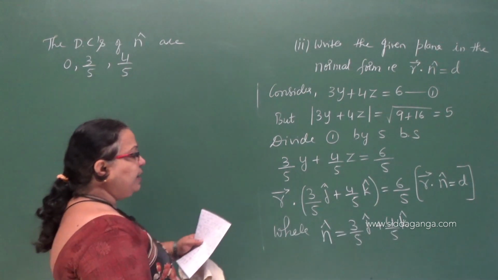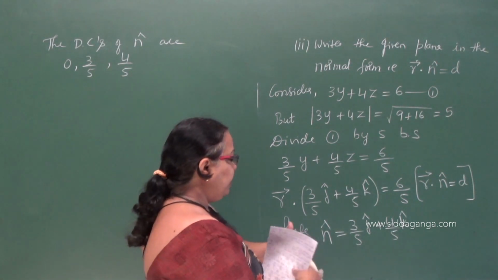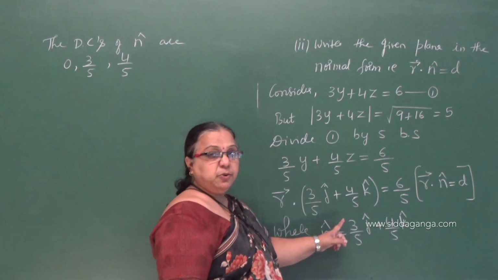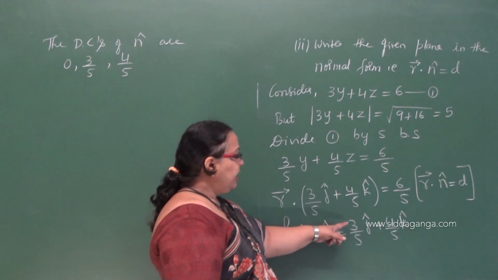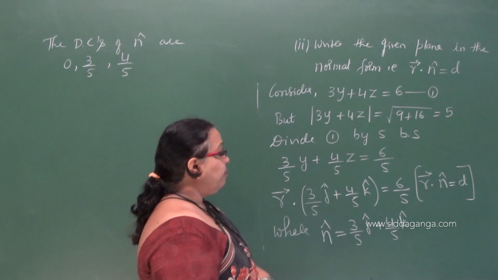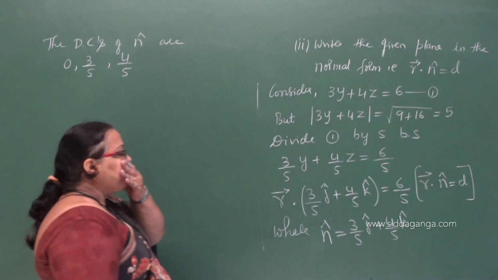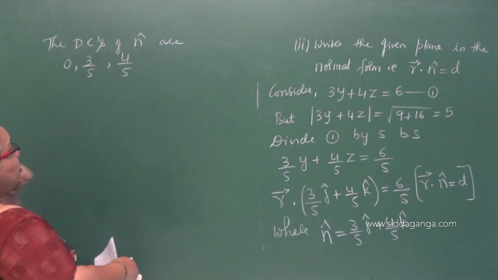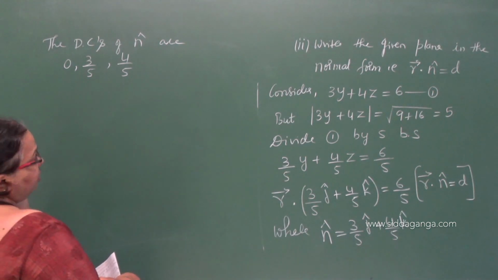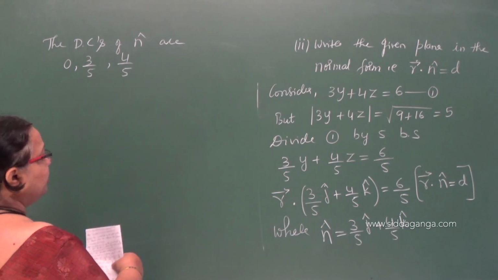There is no i cap here, so this can be written as 0 into i cap plus 3 by 5 into j cap plus 4 by 5 into k cap. So 0, 3 by 5, and 4 by 5.